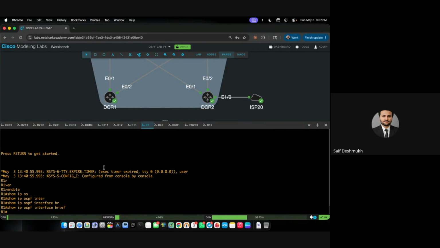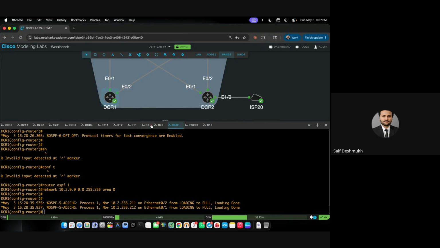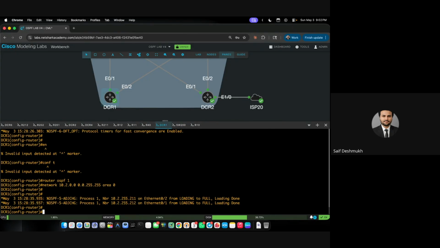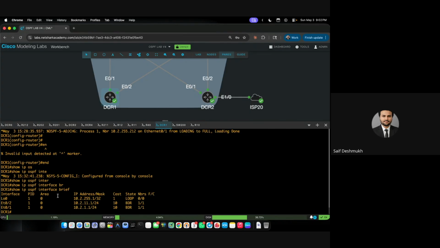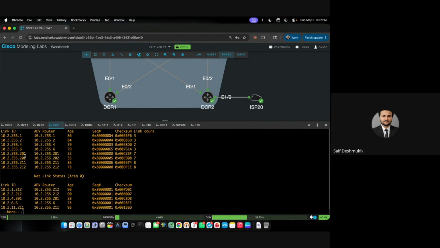Show ip ospf interface brief. This is different from DC router 1, I guess. Let me go to DC router 1 then. Show ip ospf interface brief: 3 interfaces, loopback 0, 2, and 1. Okay. Go back to 201 again. On the surface, we are seeing there are 3 links.